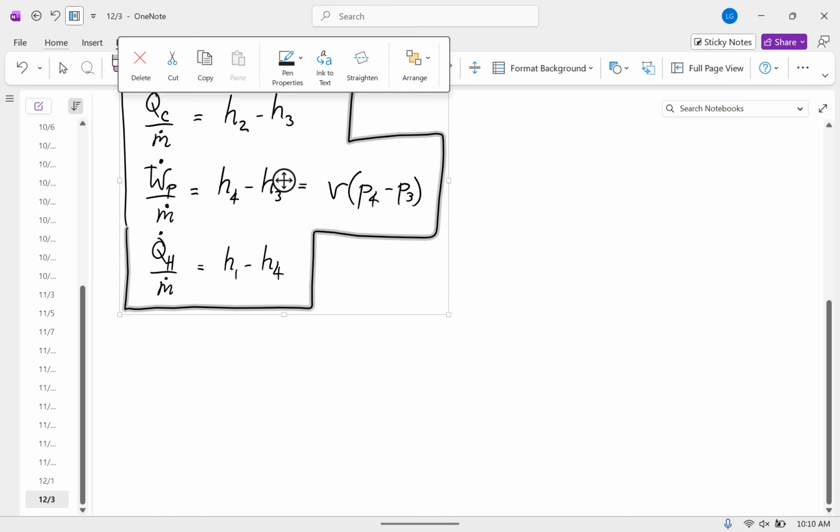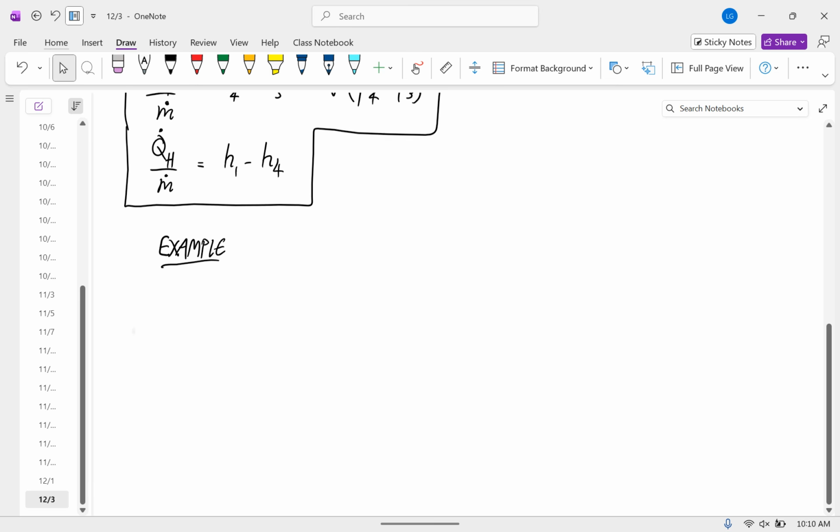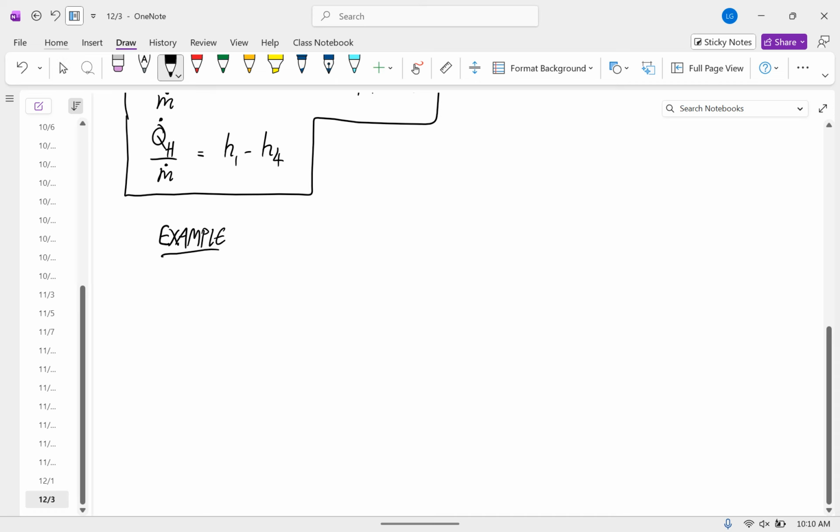And so I'm going to do an example problem. We have an ideal Rankine cycle. That's the only kind of Rankine cycle we've seen so far. And water is the working fluid.